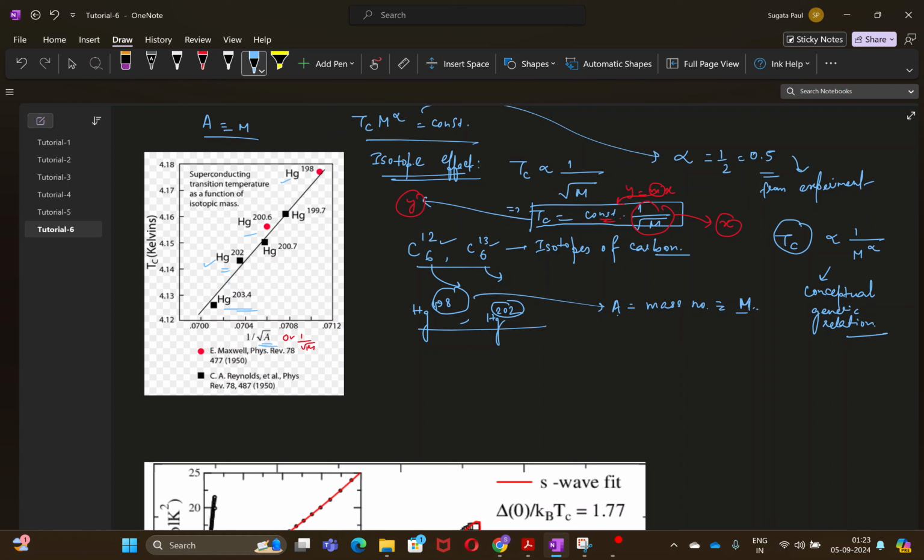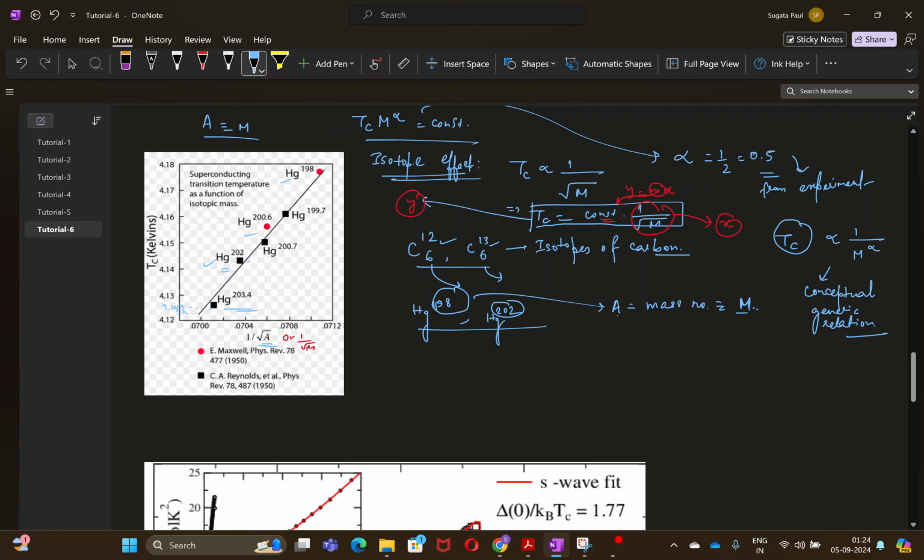That means if you notice these points, this first point has an isotopic mass of 203.4, which is the largest isotopic mass amongst all these isotopes of mercury around here. And you can see that it has the lowest Tc value, that is around 4.125 Kelvin, I think. Okay.